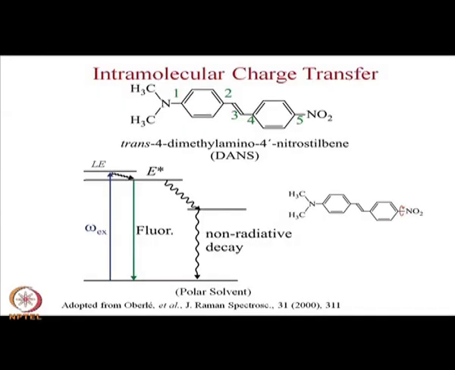In this regard there are plenty of examples available in literature, of which one classic example is trans 4-dimethylamino 4-prime nitrostilbene. You see that in this particular molecule you have this dimethylamino. Think of this particular part, up to this benzene ring. You see it is dimethyl aniline.